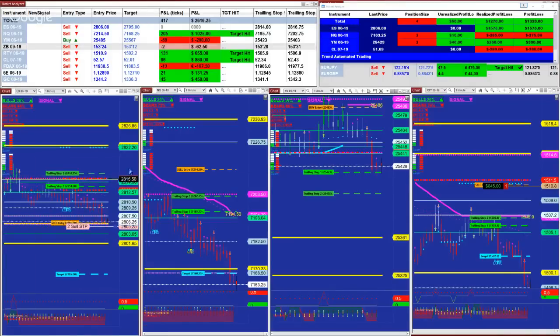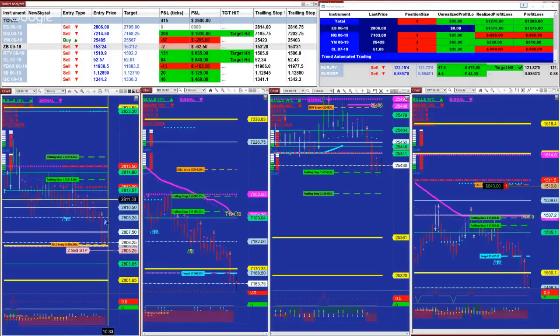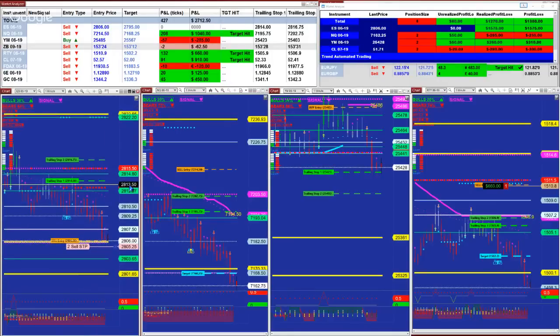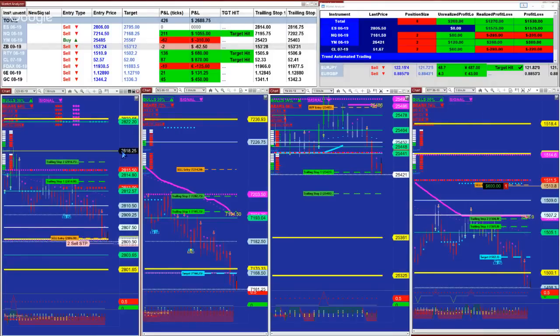As you see where I put the sell order, it's right there. 805.50 or 805.25, plus or minus one tick, whatever you want.